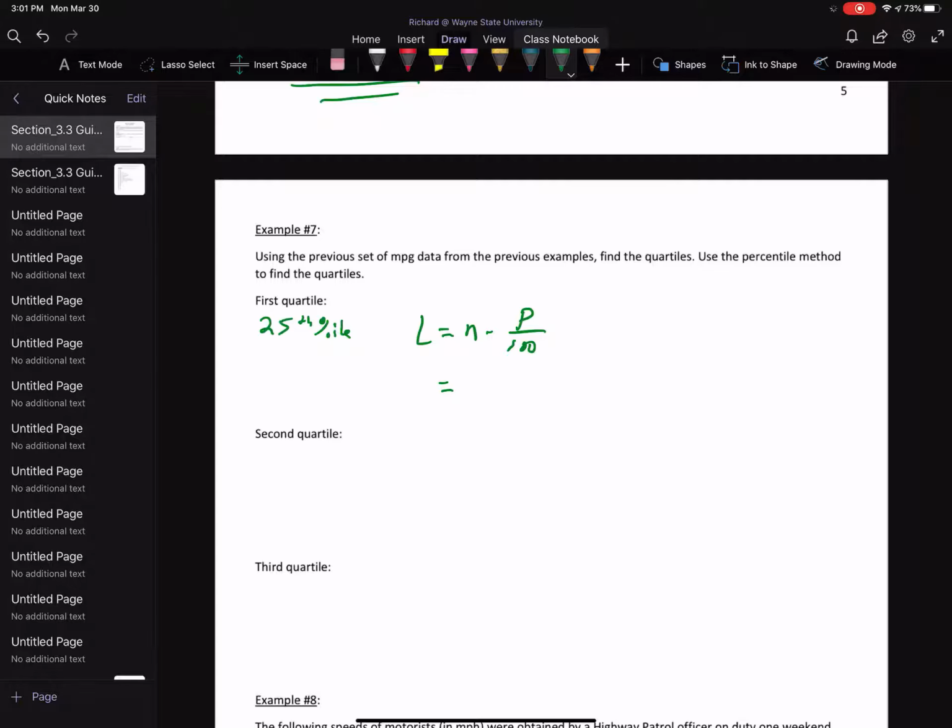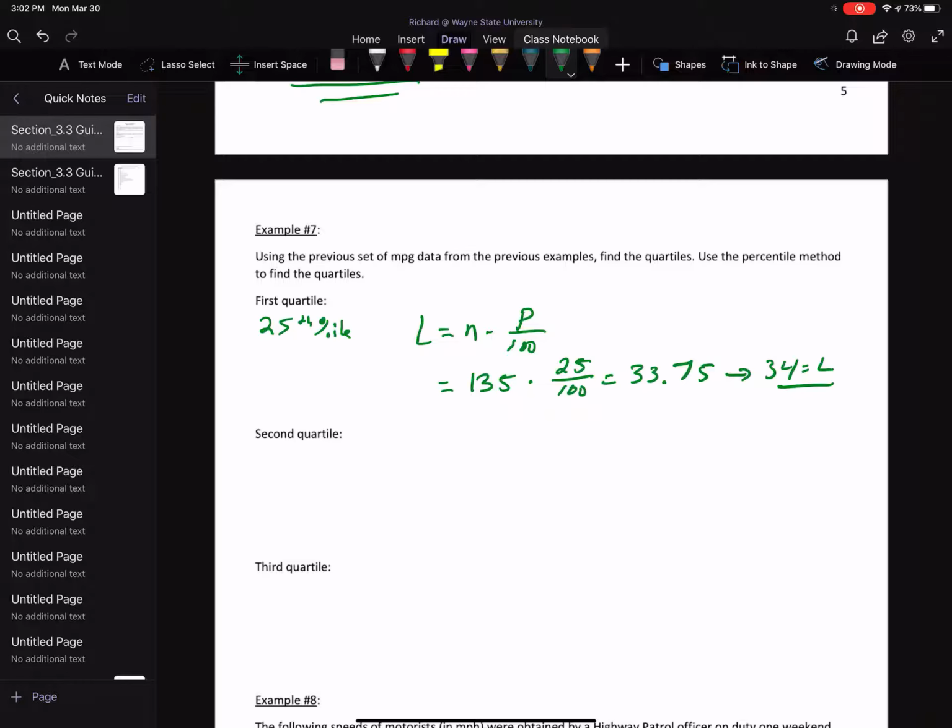N in this case was 135 vehicles. The percent here is 25 over 100. And so we get 33.75. Remember, when you get a result that ends in a decimal, you have to round it up. So L equals 34.